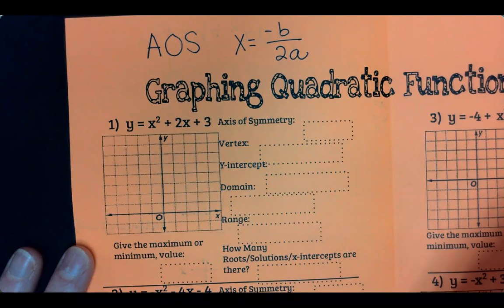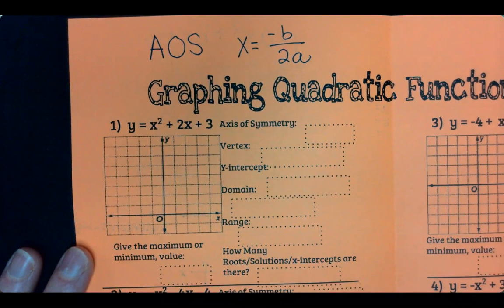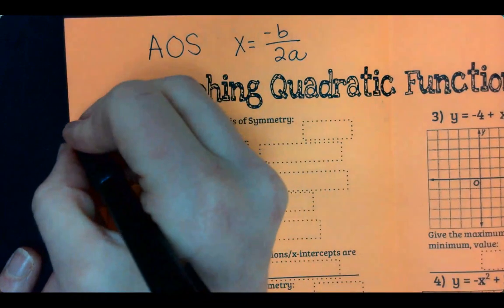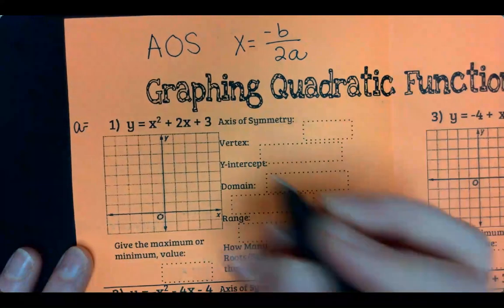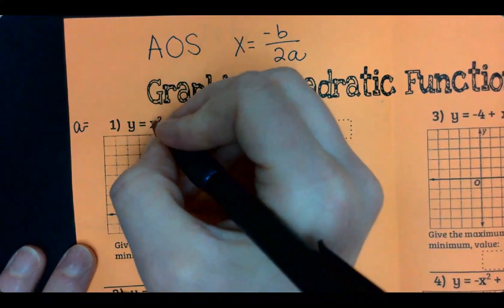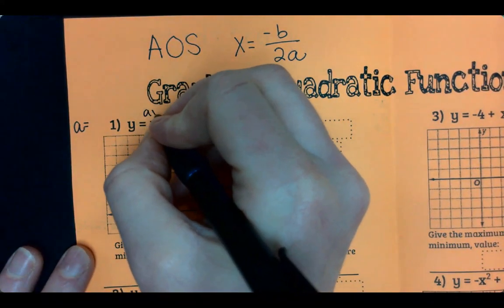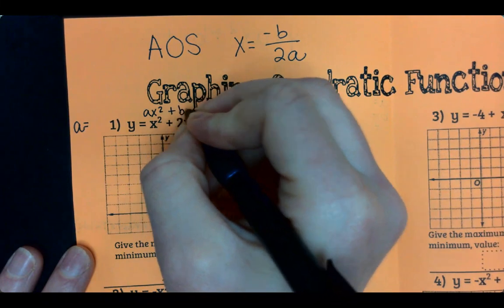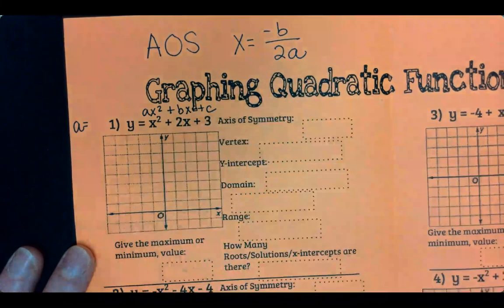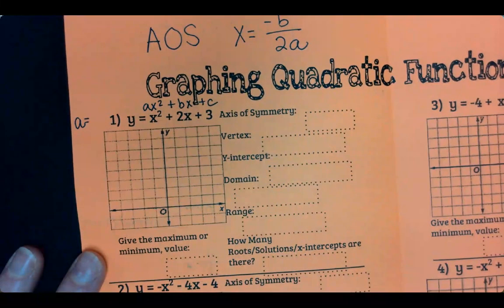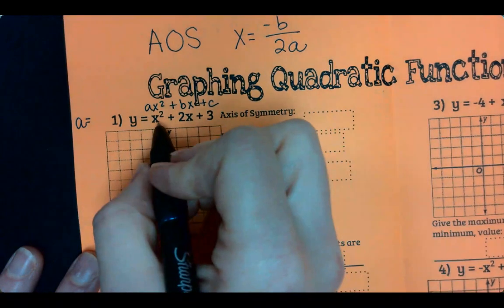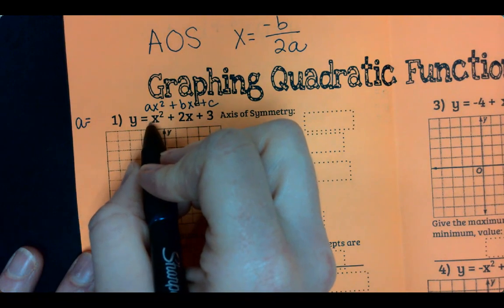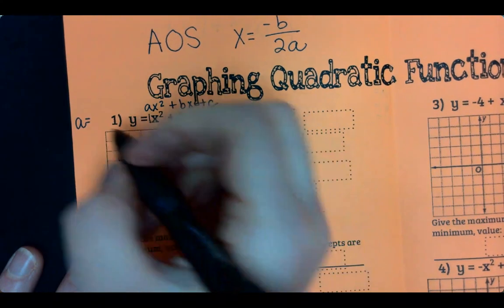So in order to find your axis of symmetry, step one, or I guess before step one, we identify A, B, and C. So I'm going to write that out to the side. A is the number in front of x squared. So if I do ax squared plus bx plus c, the a would be 1 because there's an understood 1 there.